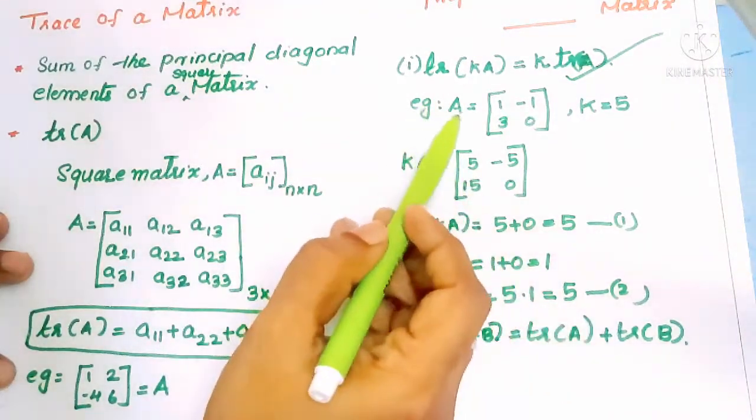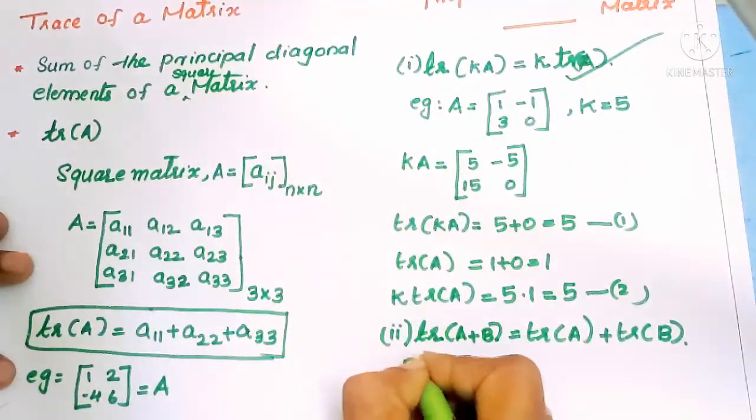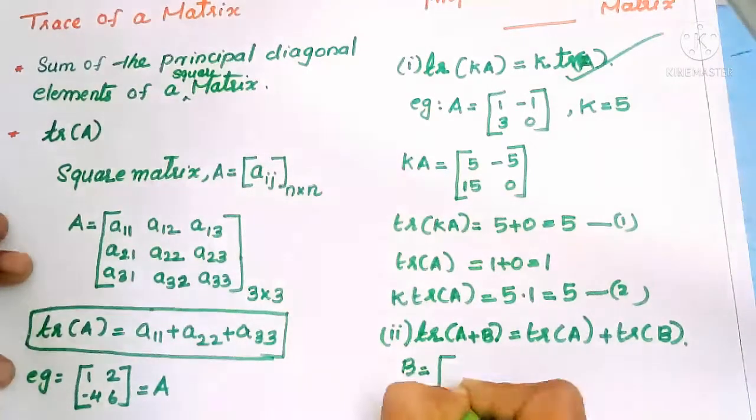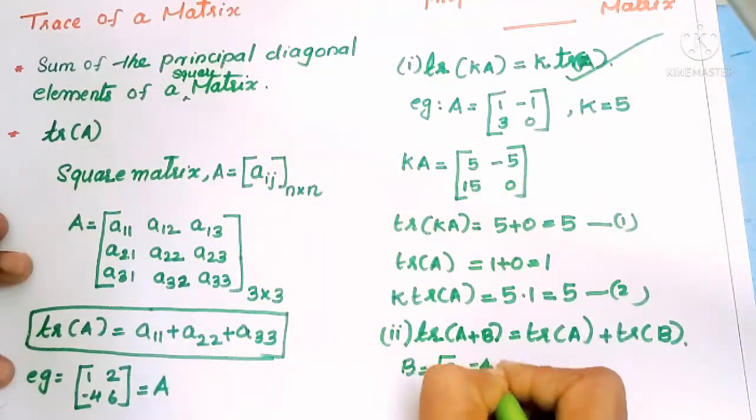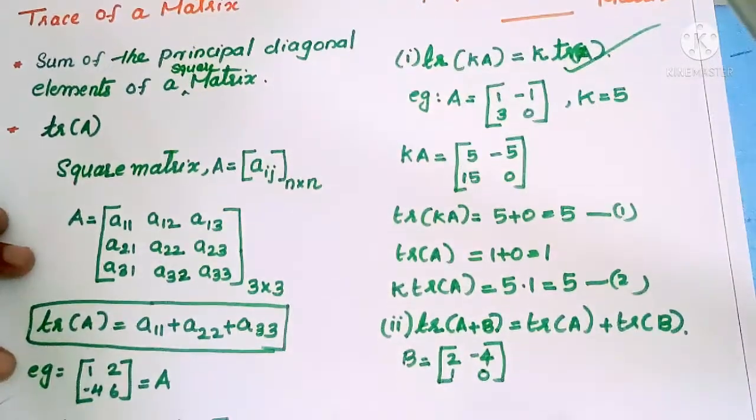Already we have taken a matrix A, so we can take another matrix B is equal to 2, minus 4, 1, 0. Here we found trace of A, so we need to find trace of B. What is trace of B? Sum of the principal diagonal elements. That means 2 plus 0 is equal to 2.